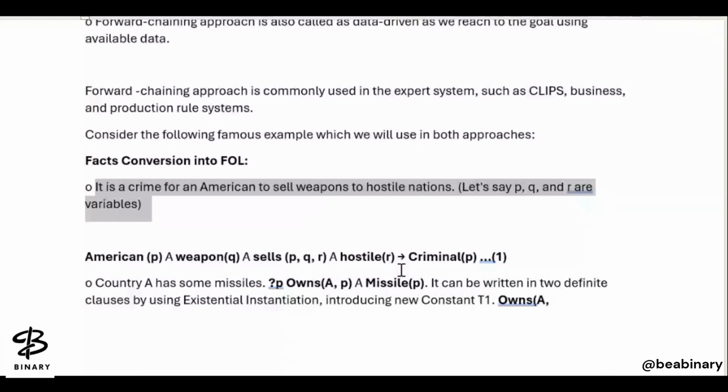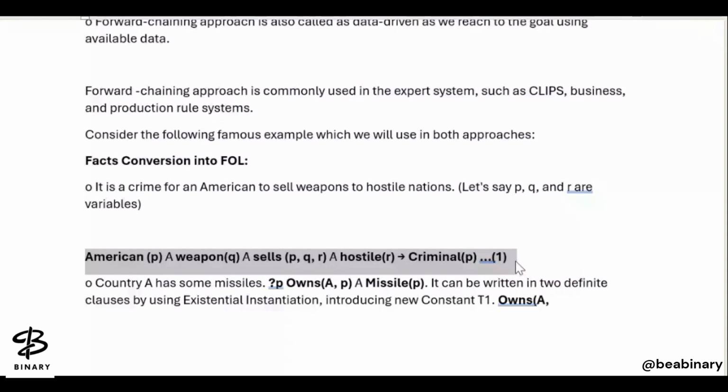Let P, Q, and R be the variables here: P stands for American, Q for weapon, with the universal quantifier. An American selling weapons to a hostile nation implies a criminal.